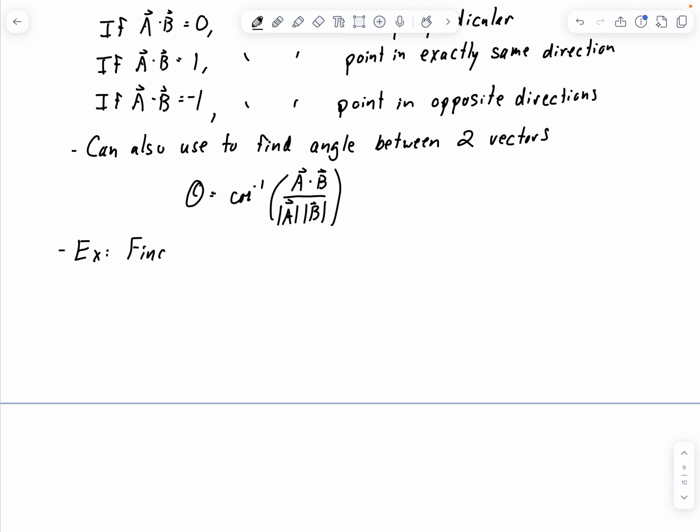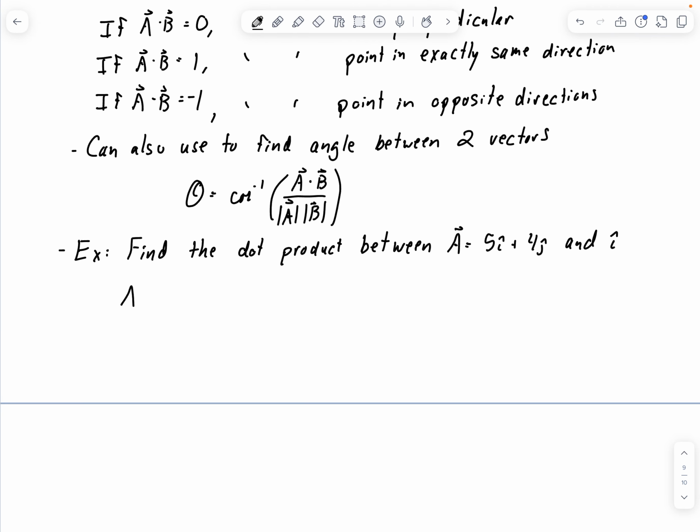So in our first example, we want to find the dot product between A, which is equal to 5i plus 4j, and I, our unit vector pointing in the x direction.